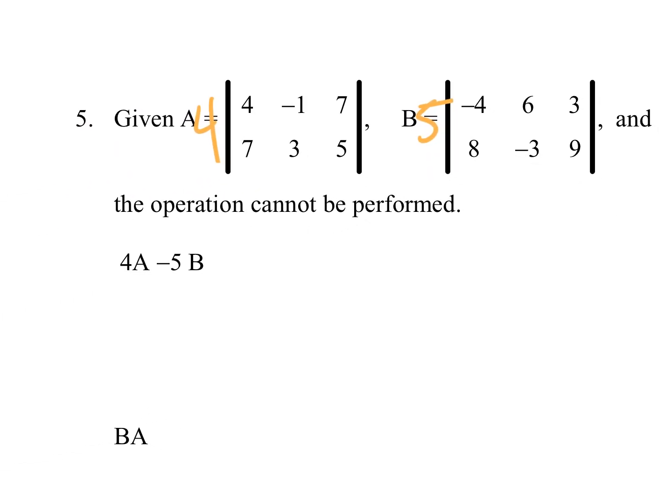So let's find 4a, and we'll subtract 5b from it. So first, let's distribute 4 to a. So we get 16 minus 4. 4 times 7 would be 28. 4 times 3 is 12. 4 times 5 is 20.